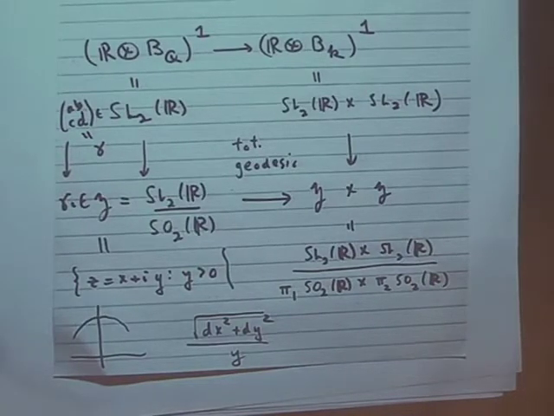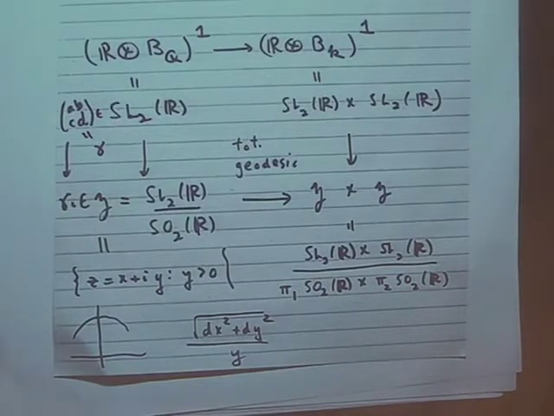Okay, now we have a map from SL2R into the product of two copies of SL2R. It comes from the embedding of the quaternion algebra over Q into the one over K. And that map then maps this point in the upper half plane to a point in the product of two upper half planes. So we should say what the product there means. You need to take SL2R cross SL2R and divide out by some compact subgroup.